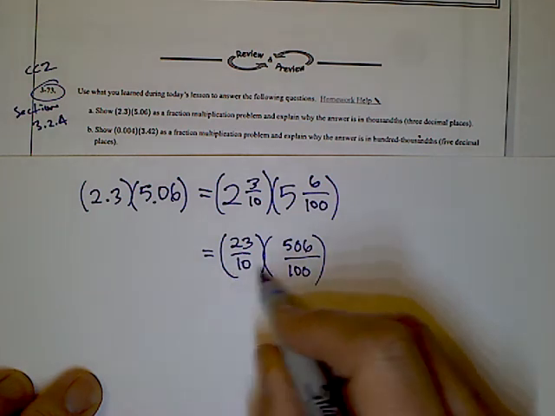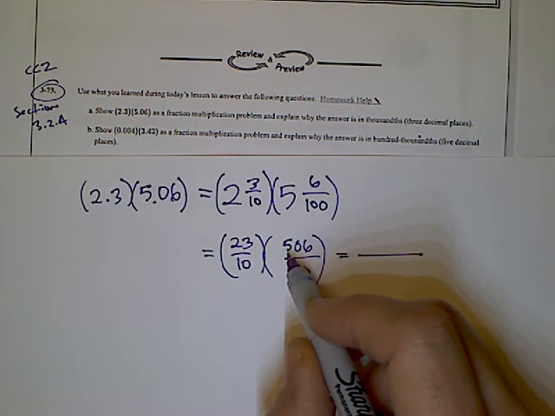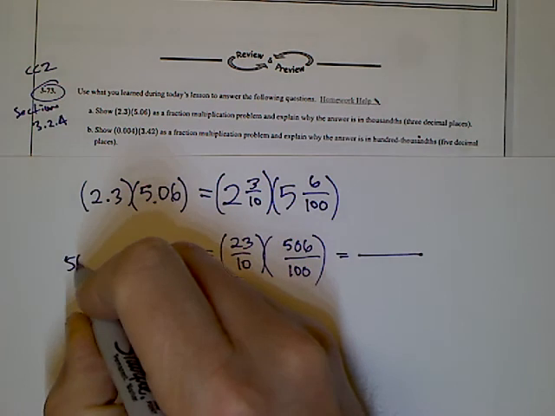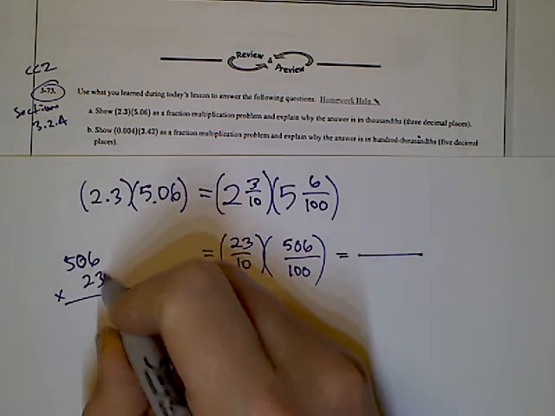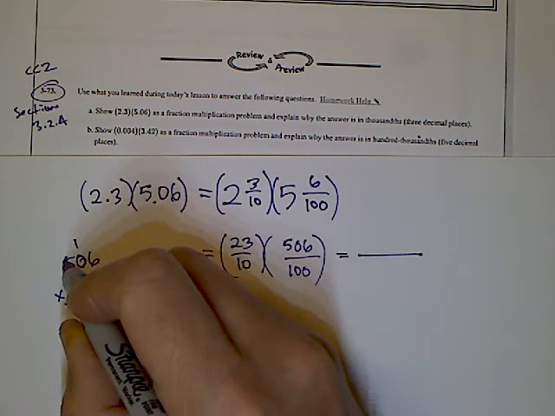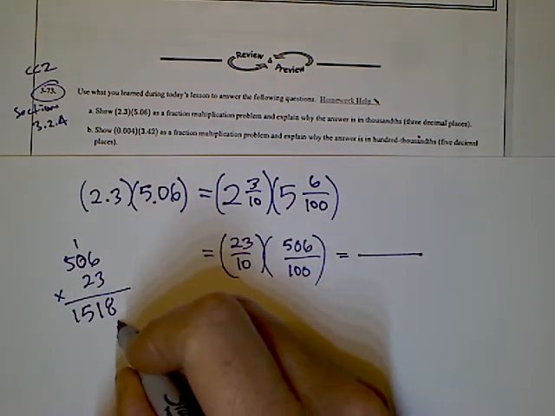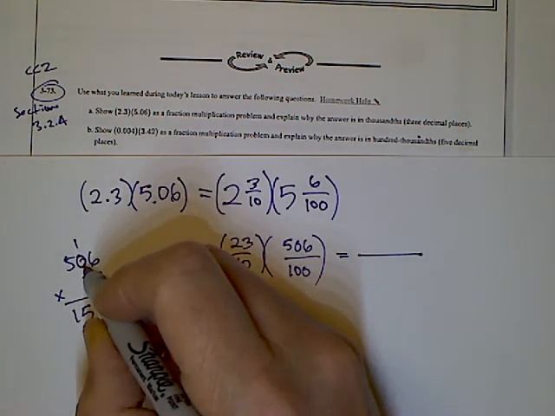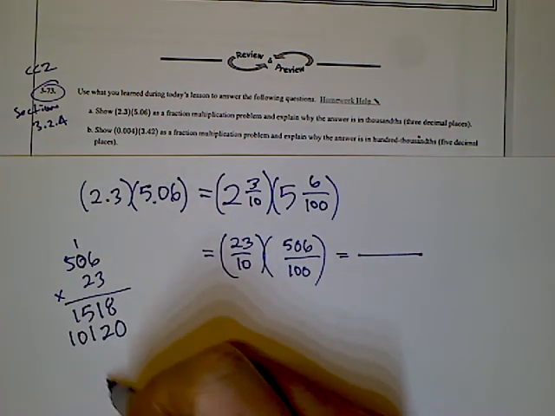With multiplication of fractions, you multiply straight across. So 23 times 506. We could do that with the standard algorithm, and I'll do that on the side real quick. So we get 18, carry the 1, 3 times 0 is 0, plus 1, 1, 3 times 5, 15, and then continue on, placeholder of 0 here, 2 times 6, 2, carry the 1, 2 times 0 is 0, plus 1 is 1, and 2 times 5 is 10.